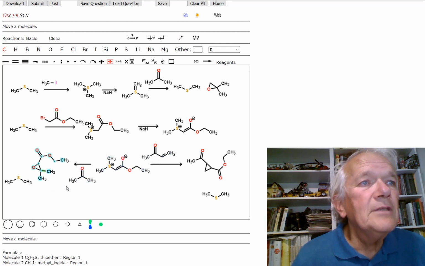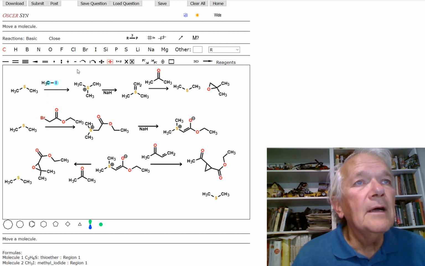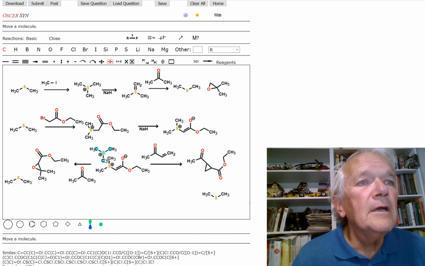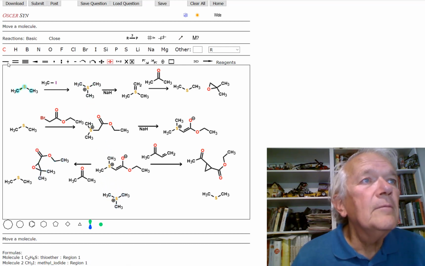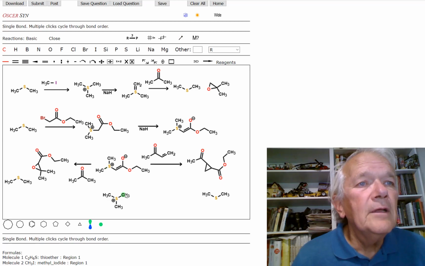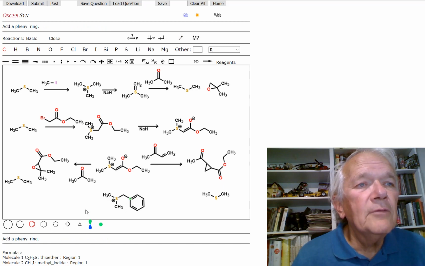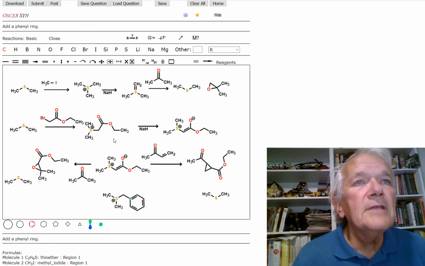The other stabilized ylide that you can use is the one derived from benzyl iodide, or the benzyl group. If you had this, you could play around with this ylide as well, because the phenyl ring also will stabilize the ylide enough for it to do conjugate addition.